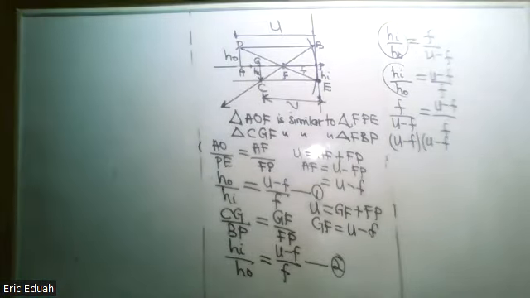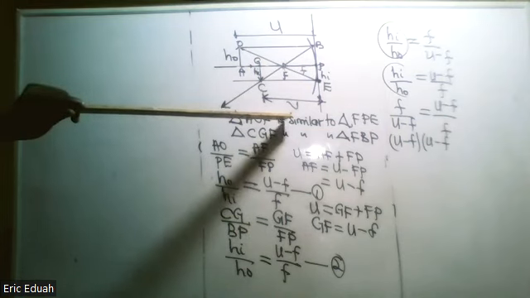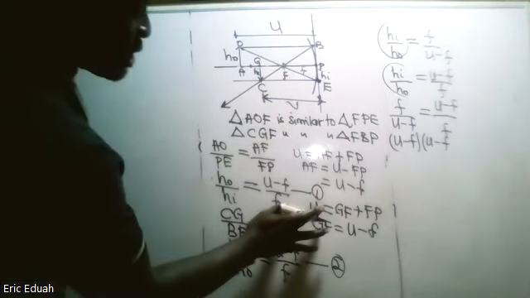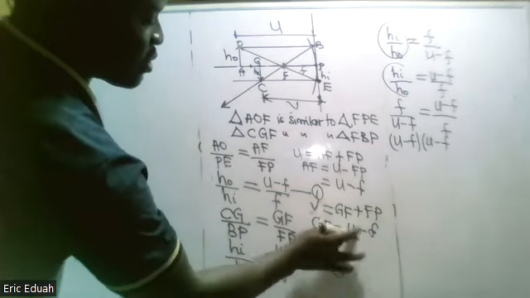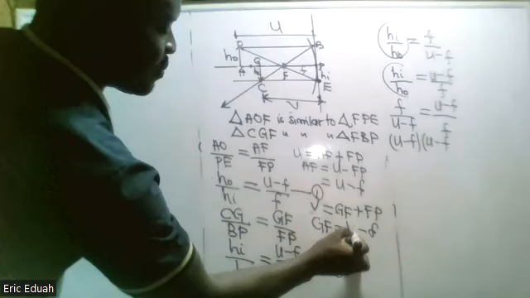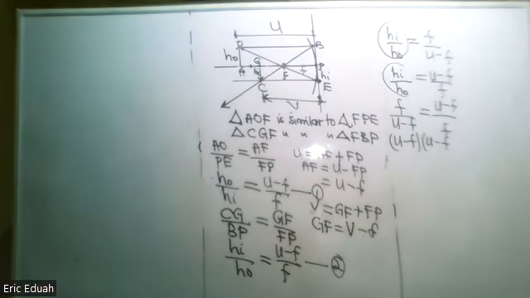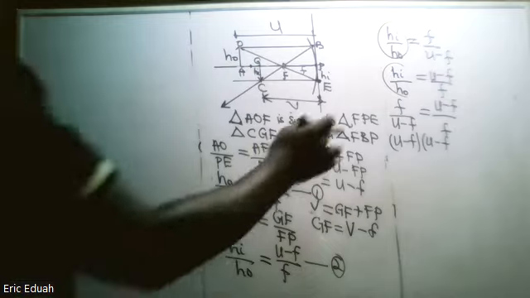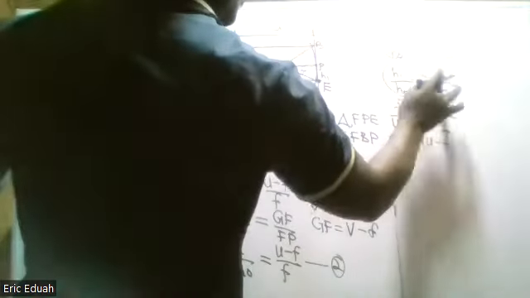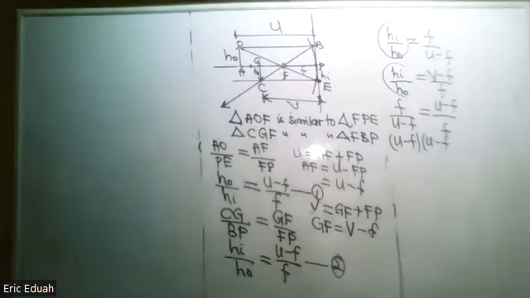It's not U. This is V. This is V in equation 2. So this is V. V minus F. Okay.